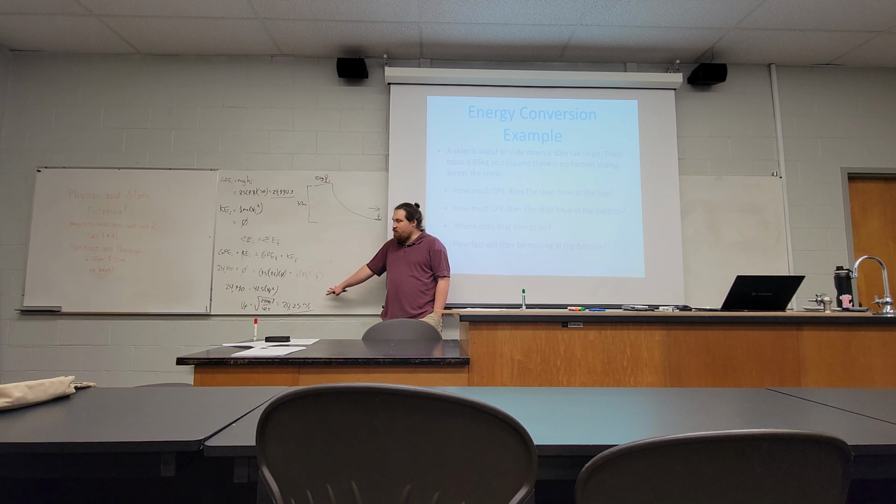And you'd get the same speed if you tried to figure out how fast this person would be falling if they just fell straight down from a 30-meter height as well. What the slope has done is it's just kind of gradually taken what would be vertical speed and gradually tilted it sideways.